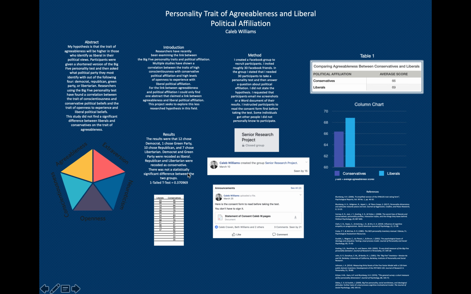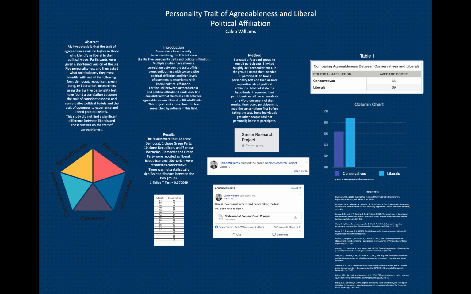This is something I had to wrestle with a bit because, depending on who you talk to, libertarians could be considered something distinct from liberal and conservative. It can't really be lumped into one or the other.